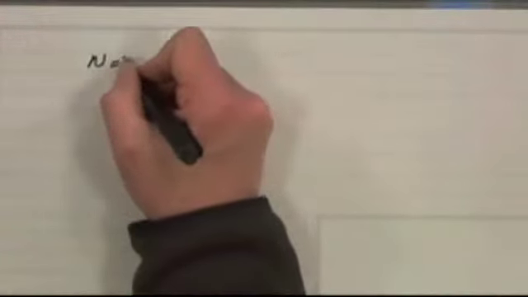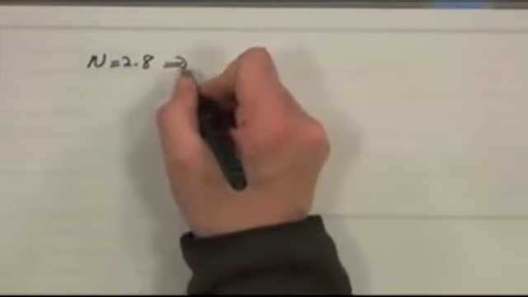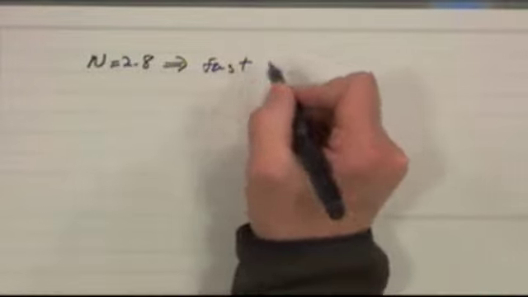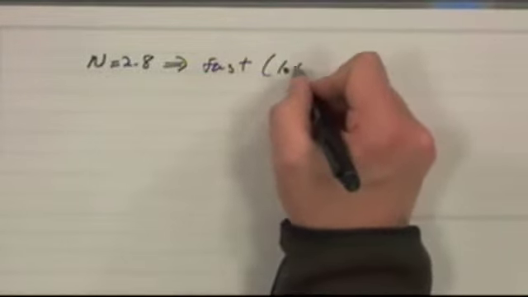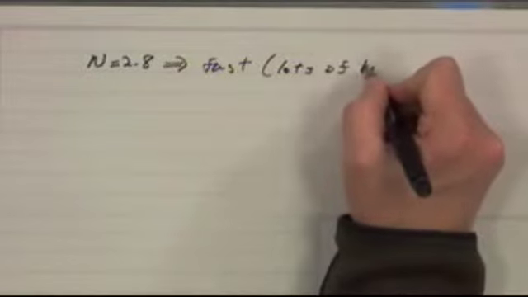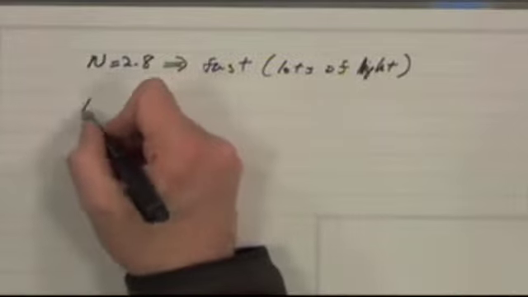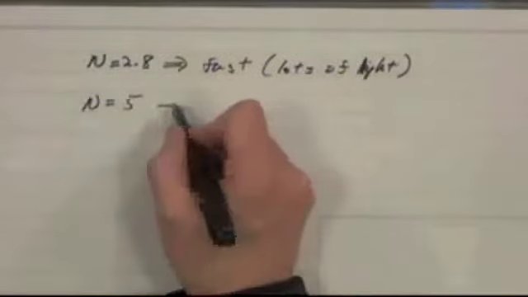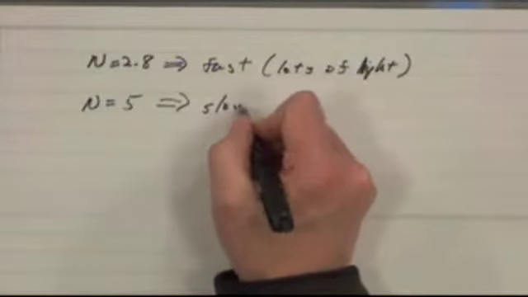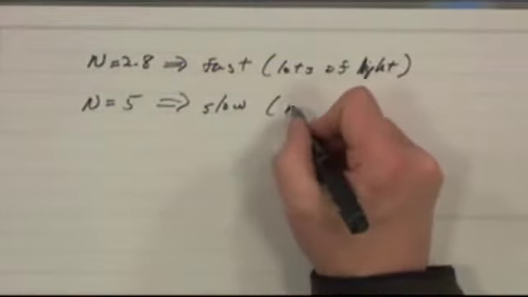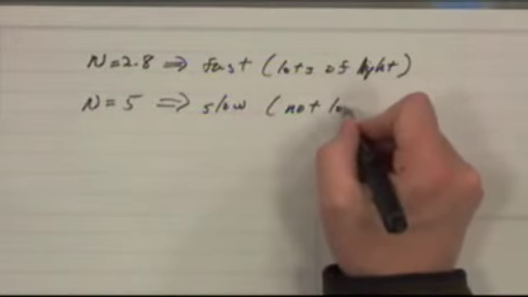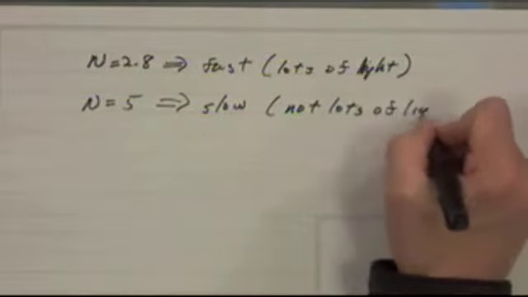If you had, for instance, n equals 2.8, that's your f-stop. That's fast. Lots of light. If you have n equals 5, that's slow. Not lots of light.